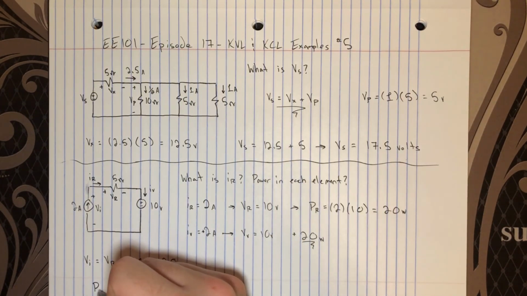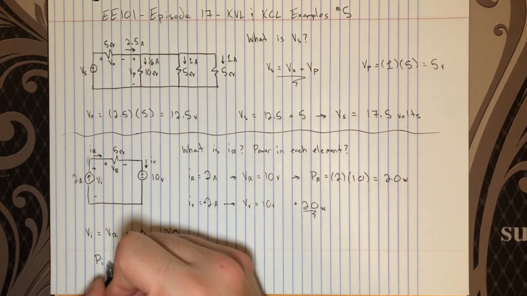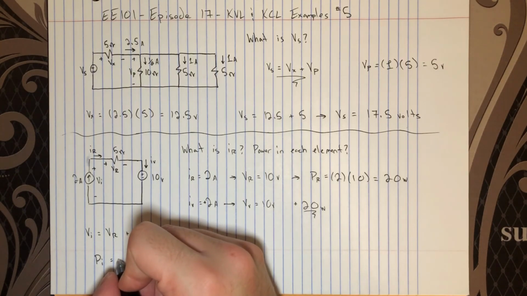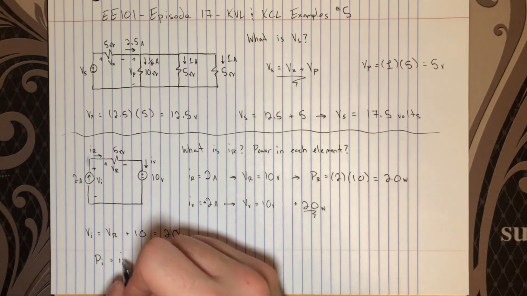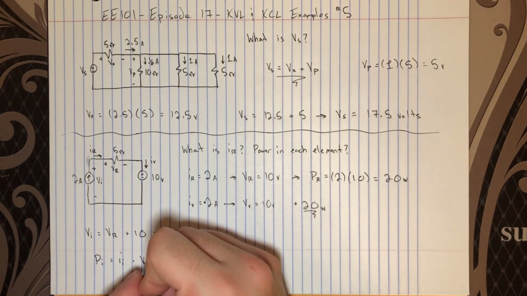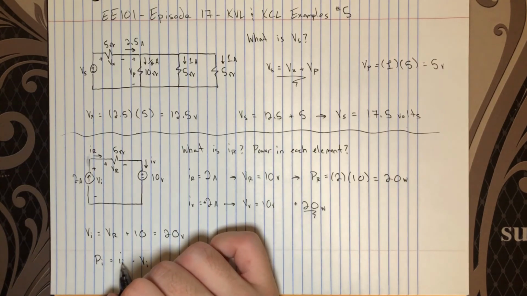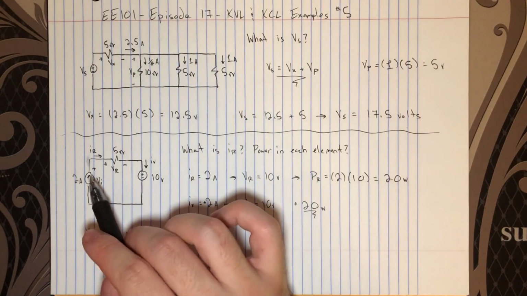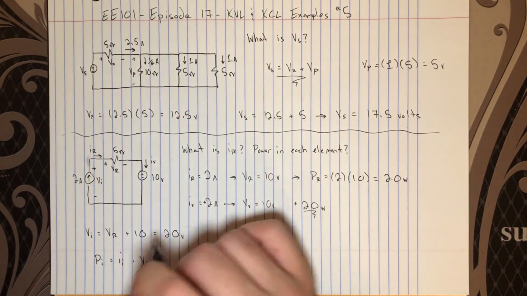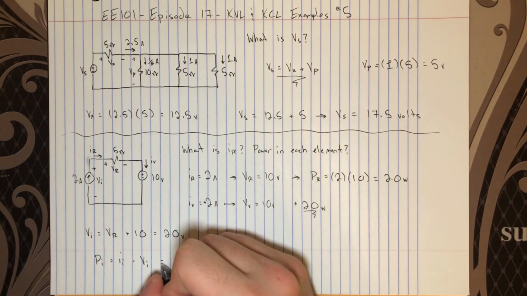So PI, or the power in the current source, equals II, or IR, so the current in the current source, times the voltage on the current source. And in this case, I'm going to say the current from the current source is negative with respect to our voltage polarity, just so that our convention works out with the fact that it sources power.